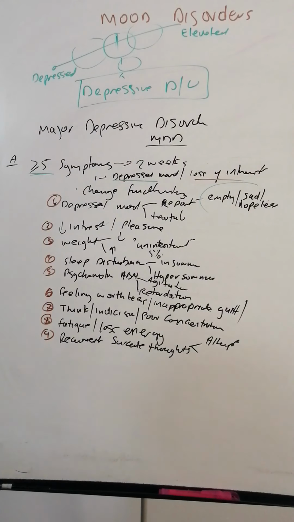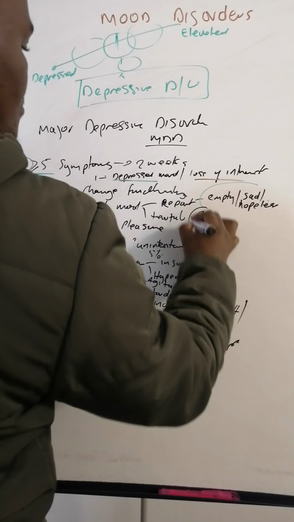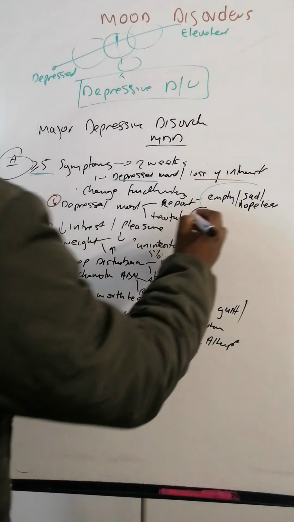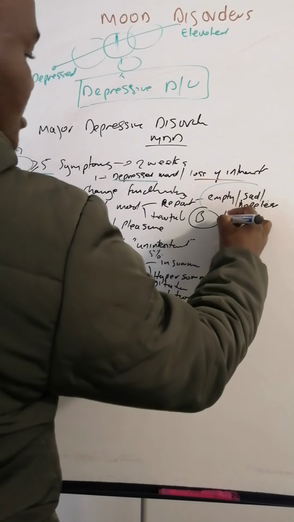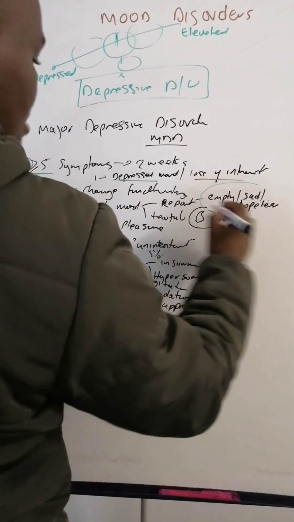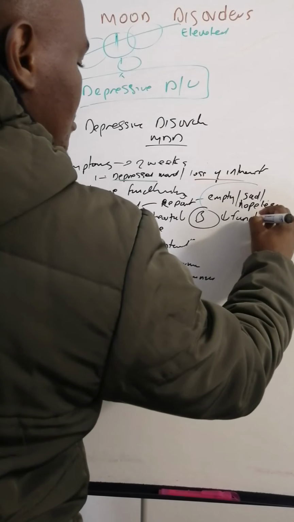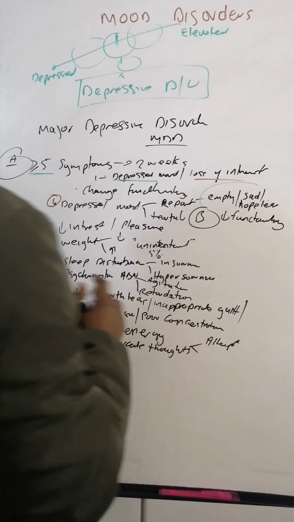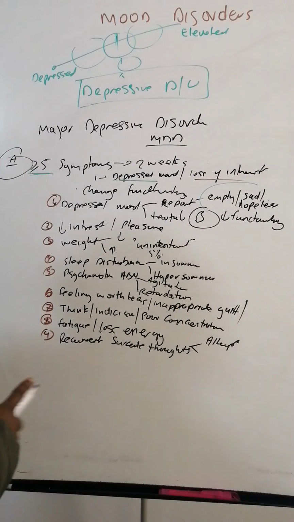This is criteria A, this is criteria B. Criteria B states that this patient must have obvious or significant reduction in functionality, as I mentioned up there. When you've got a reduction in functionality, it means that your cognition is already involved.